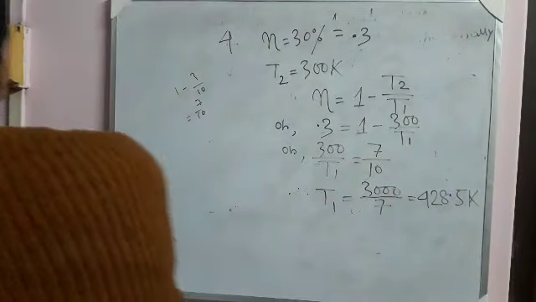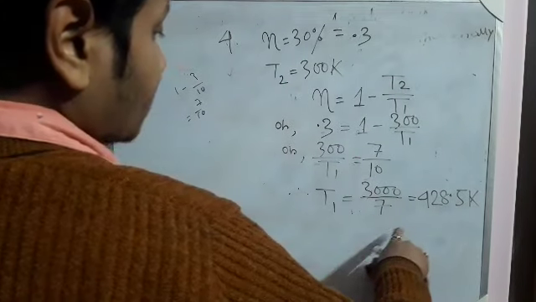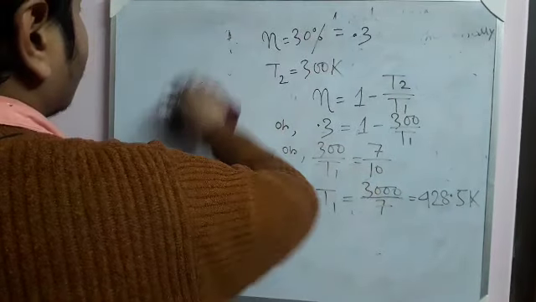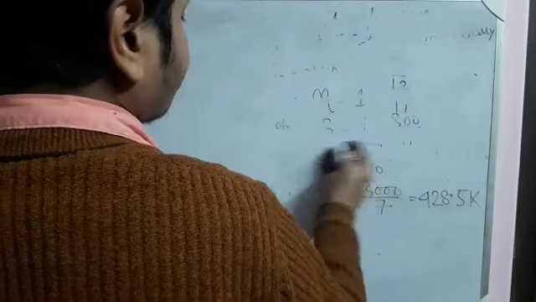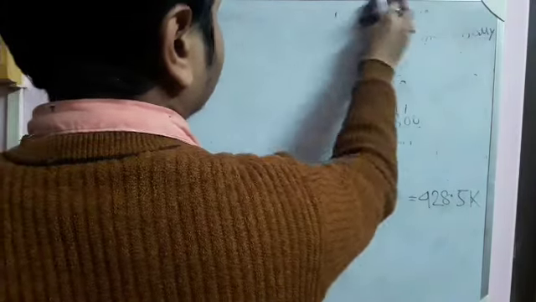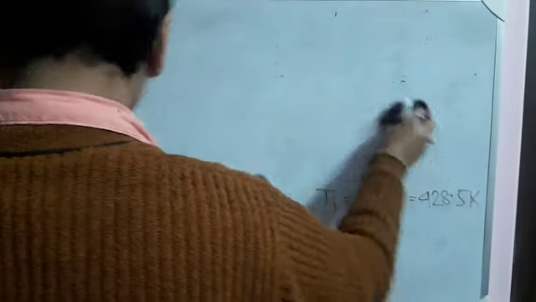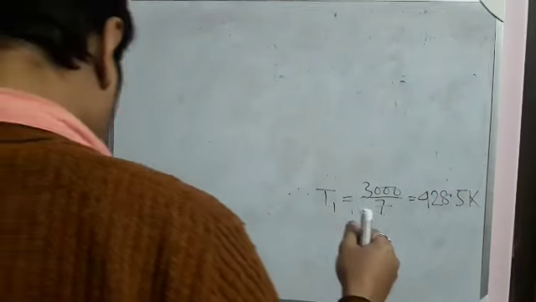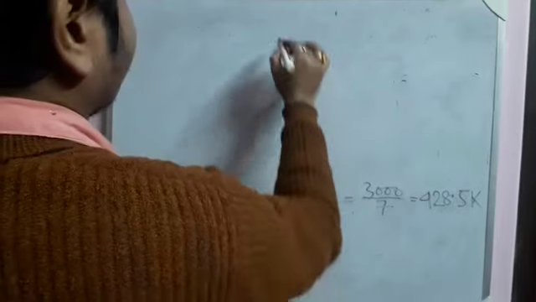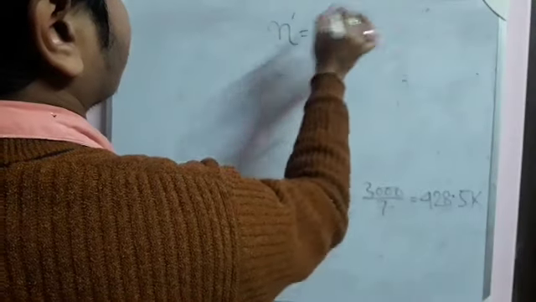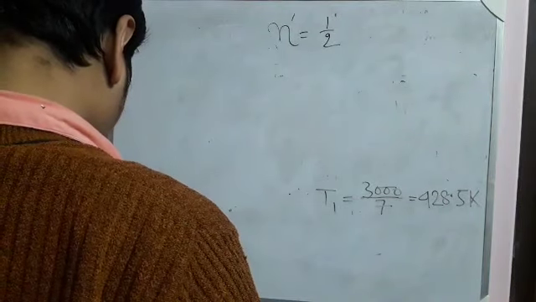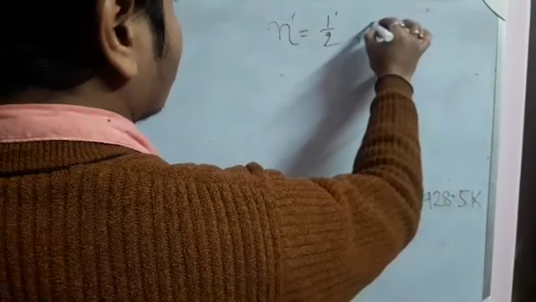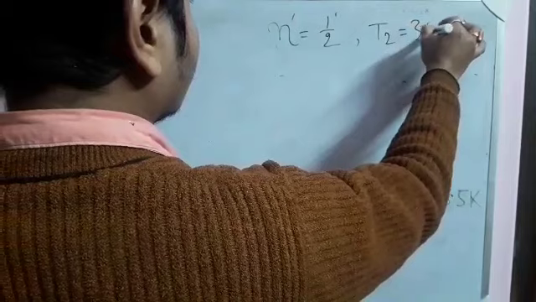So the initial source temperature is this, we write T1. Now the second condition says the efficiency is 50%. We can call it eta dash, that is 50%, that means half, and the sink temperature remains the same, that is 300 Kelvin.